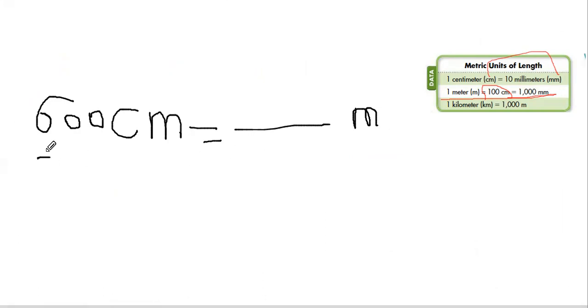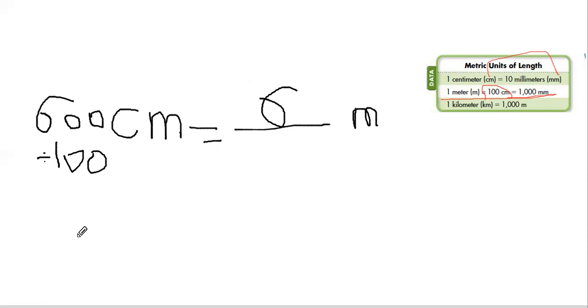What should we do? Divide. Yes. Begin with the end in mind. How many centimeters in 1 meter? Yes, there is 100. So what should I do? Divide by 100. How many hundreds in 600? Exactly. That's so clear and direct. 6.